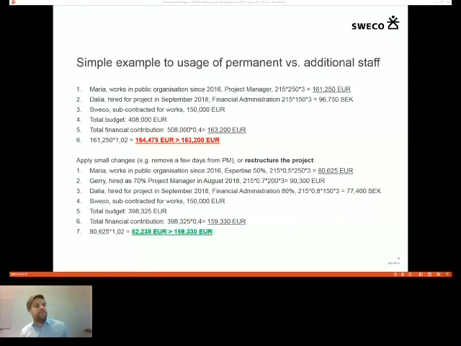Now the total budget of the project will be a little bit less because we use cheaper staff. Gary is cheaper than Maria. He only costs 200 euros per day instead of 250 euros that Maria costs.